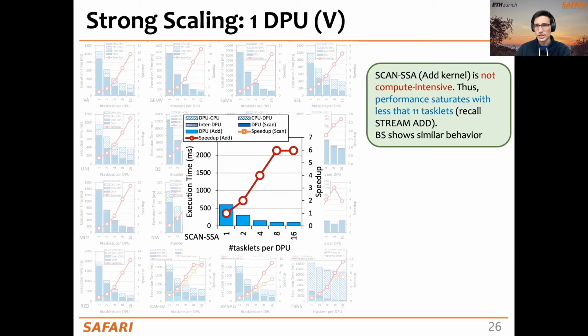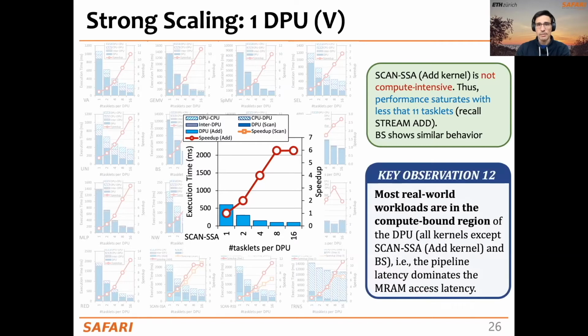The reason is that it's not a compute-intensive workload. It's more like a memory-intensive workload. And in this case, the latency of accesses to MRAM, the data movement between MRAM and WRAM, is hiding the latency in the pipeline.